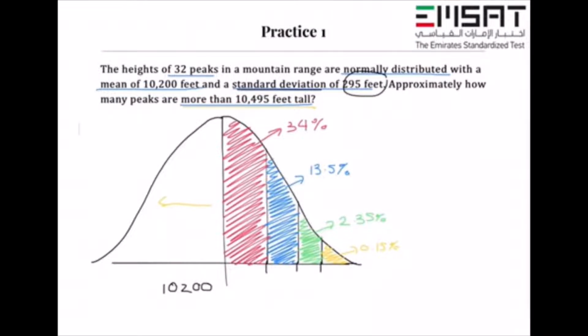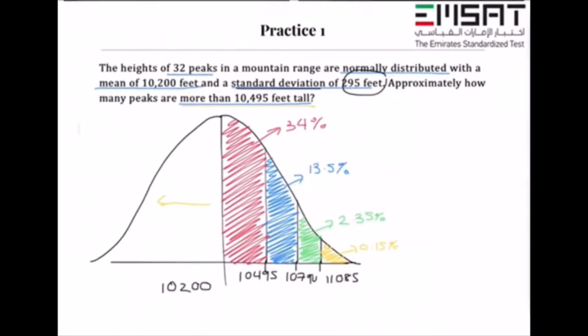With the first section being 10,495, the second section being 10,790, and our last section being 11,085.